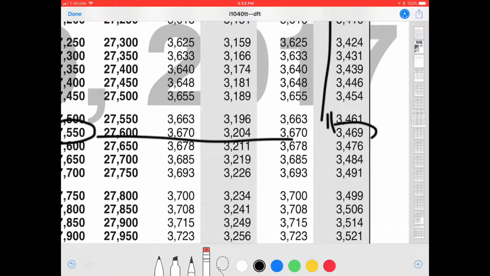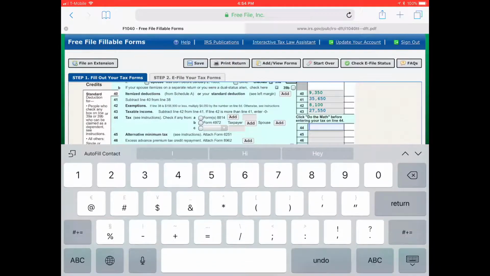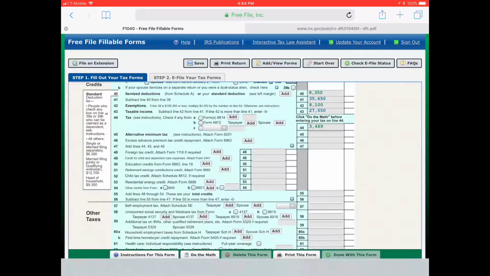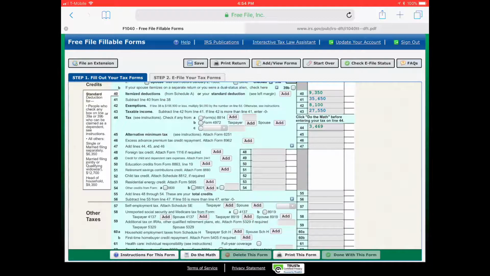This is her tax, the amount she would owe of her income. But this is not all. Now, line 44, 3469. We have to hand input it. For some reason, it doesn't do the tax calculation for us.